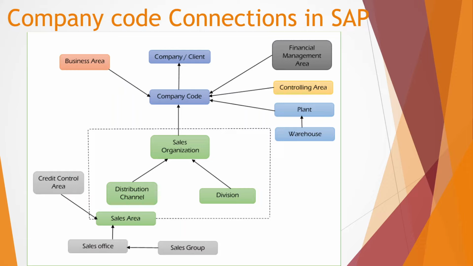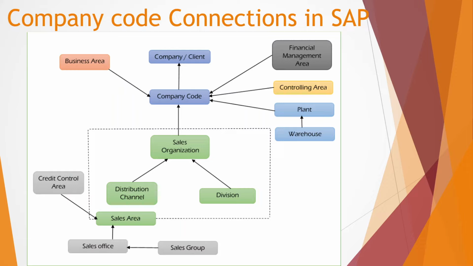But there is no direct assignment between these two, while the rest of the things usually get assigned in one way or the other, direct or indirect assignments. Indirect means it is routing through some other org elements.